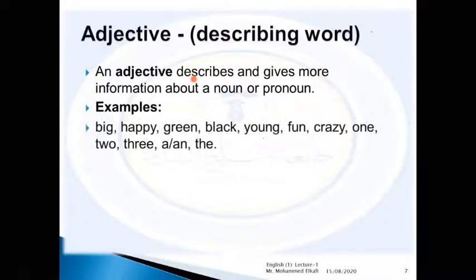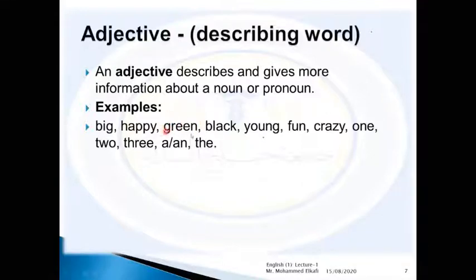So, examples for the adjective. Big: big box, big house. Happy: happy boy, happy girl, happy birthday.